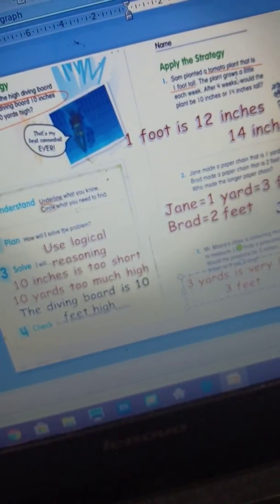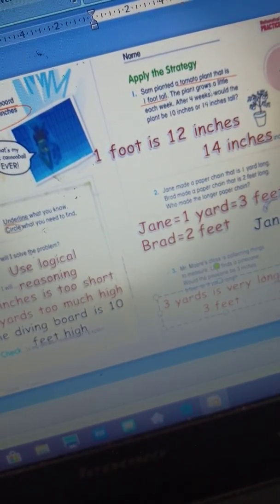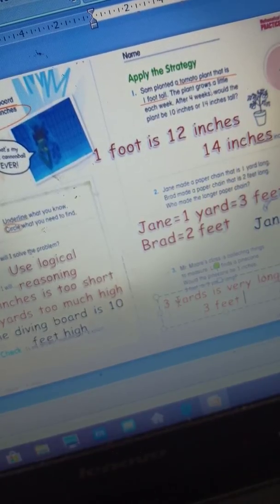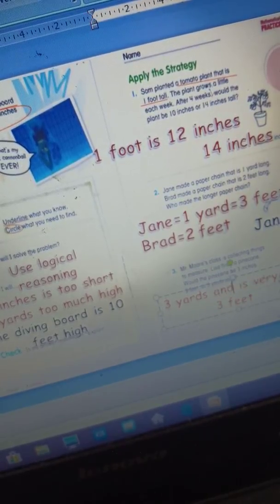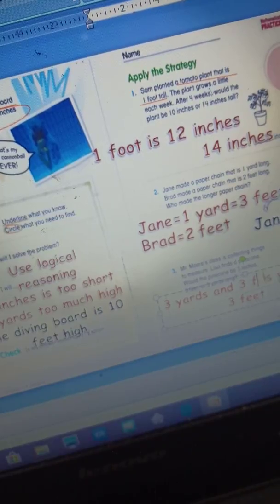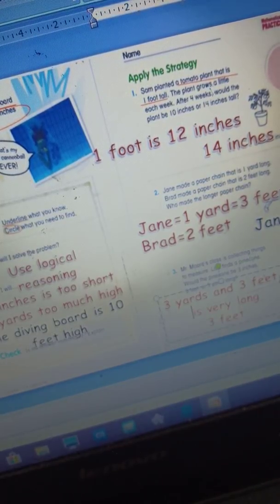Okay? Yes. The 3 yards is very long and the 3 feet is also very long. It is too much.